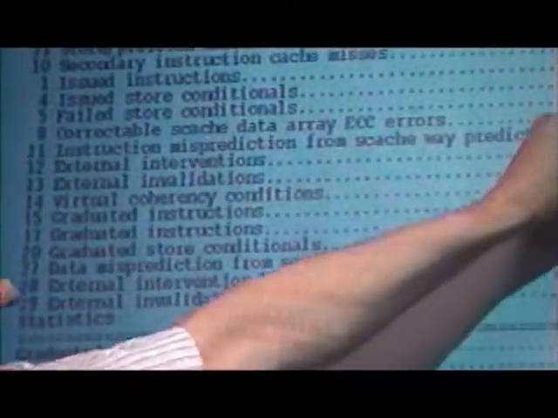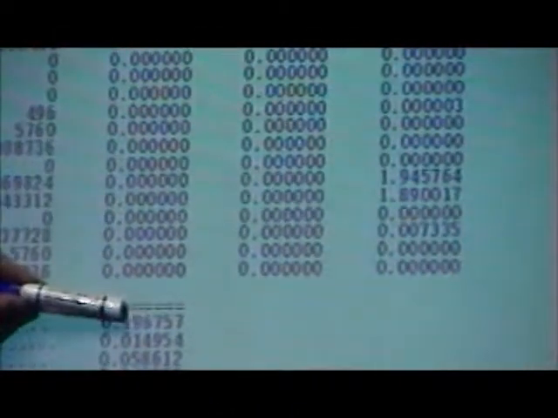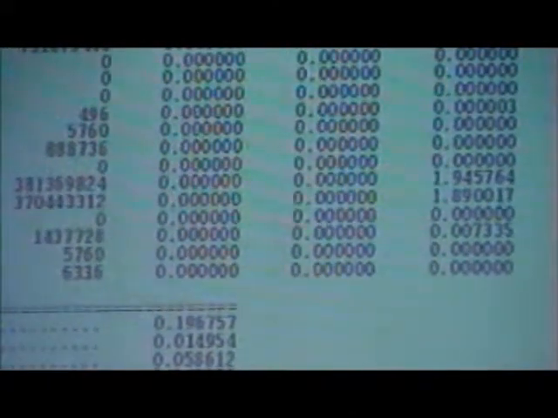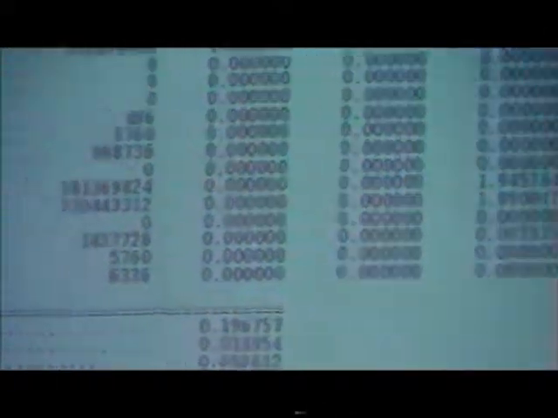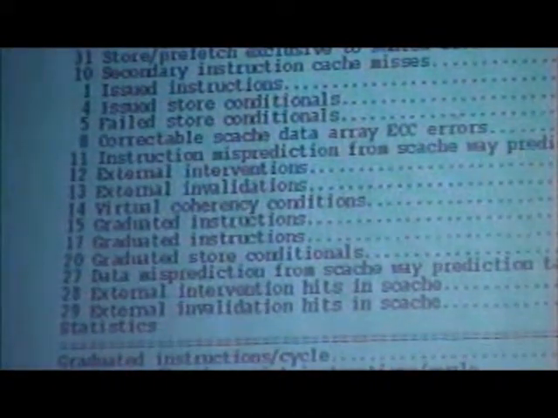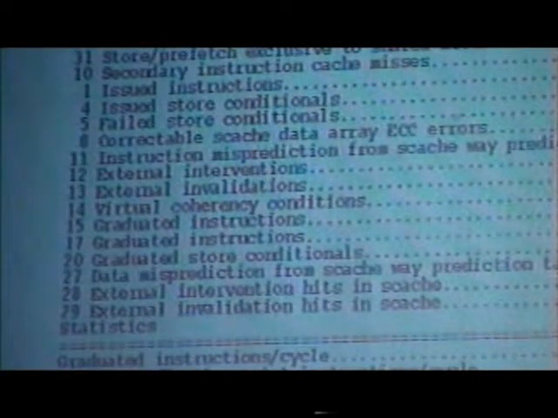Note that most of these, even though they have high counts, have no cost in time. They're coming up 0 here because they occur, but they result in the time showing up in quad words moved to secondary cache or something like that. Not sure we care about any of the others. Graduated stores, data misprediction. Don't really care about any of the others.